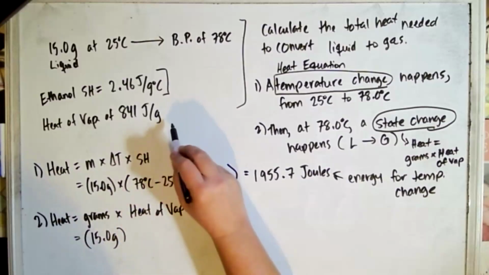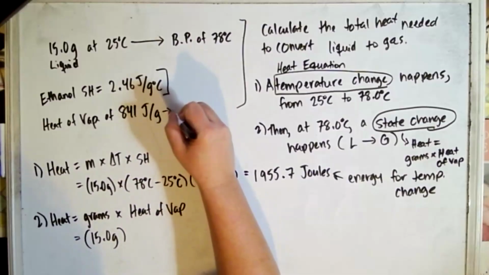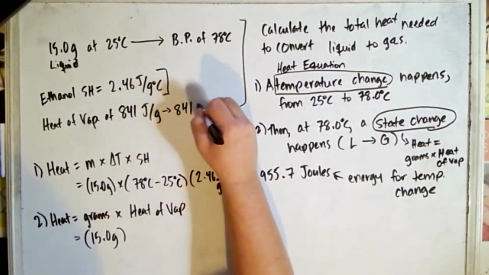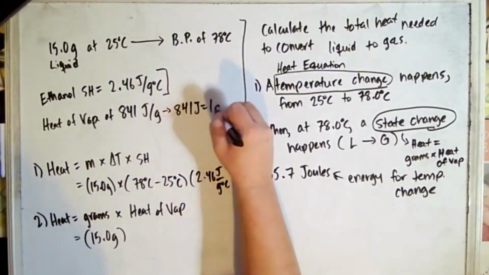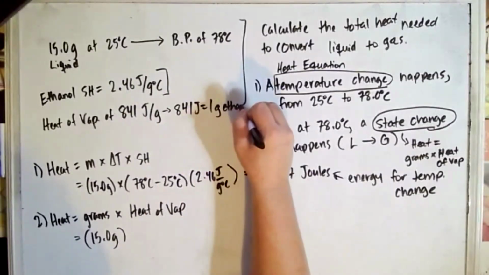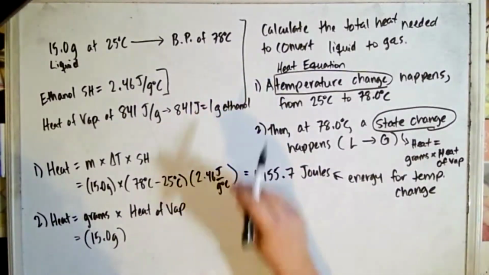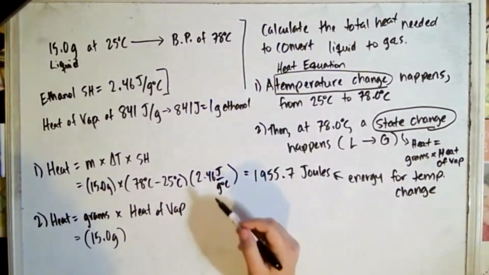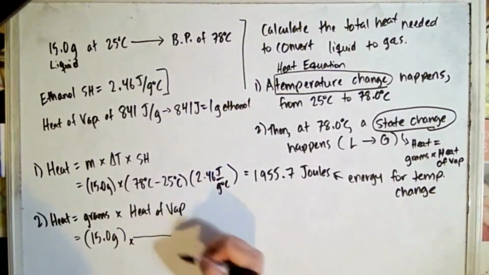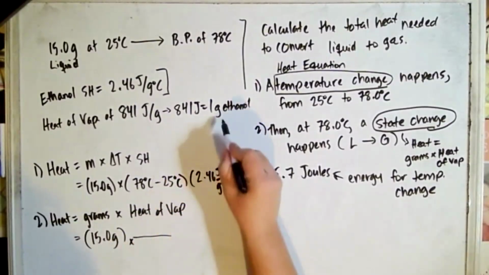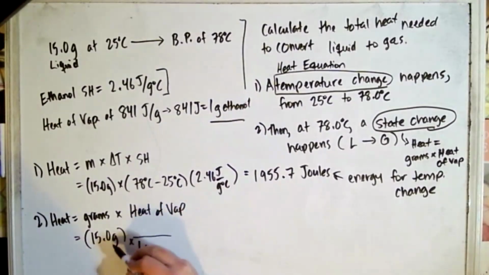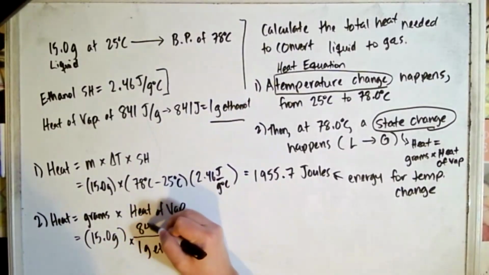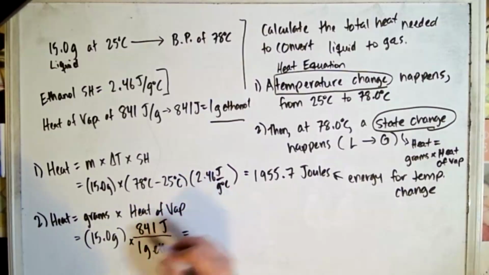And remember what we said about heat of vaporization, that we can write this out as an equality: 841 joules for every 1 gram of ethanol. When we write it out like that, it might be easier to see what our next step has to be, because we can set up that conversion factor. Our 1 gram of ethanol is going to go on the bottom so that our gram units cancel out, and our 841 joules goes up top.